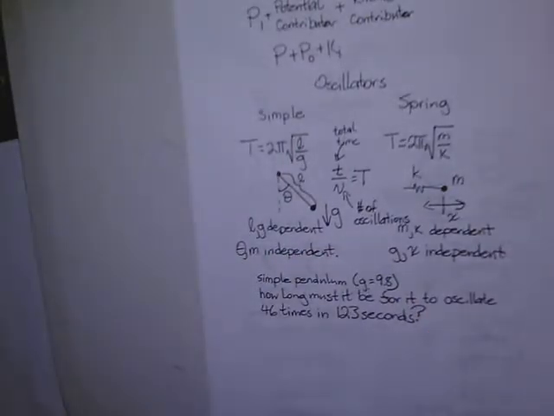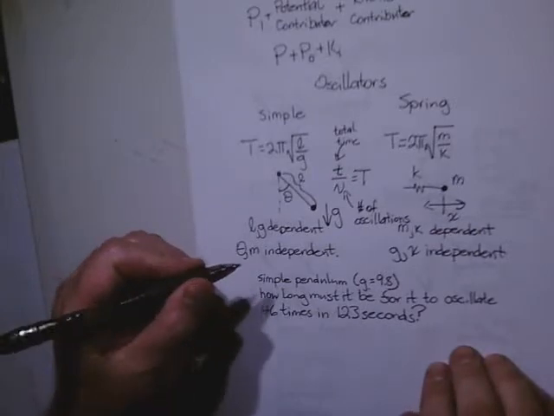So how long will the simple pendulum have to be if it oscillates 46 times in 123 seconds?